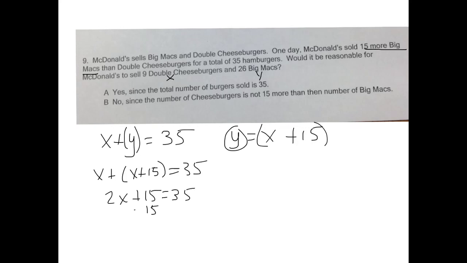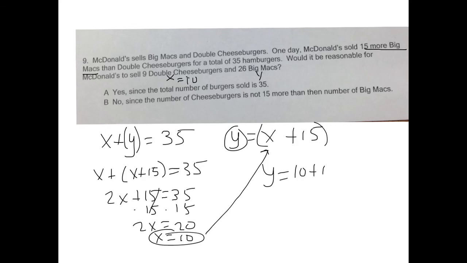Subtract 15 from both sides, and 2X equals 20, so X equals 10, so that is 10 double cheeseburgers. And then if we plug that back in to right there, Y equals 10 plus 15, Y equals 25 Big Macs.